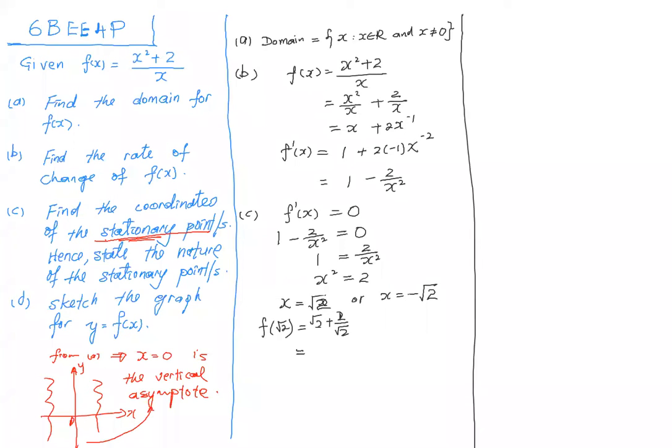This will be root 2 plus 2 root 2 over 2. Am I right? Hello, class? Okay, if you have no response, I assume you know. Miss, why is it 2 root 2? Please remember this.